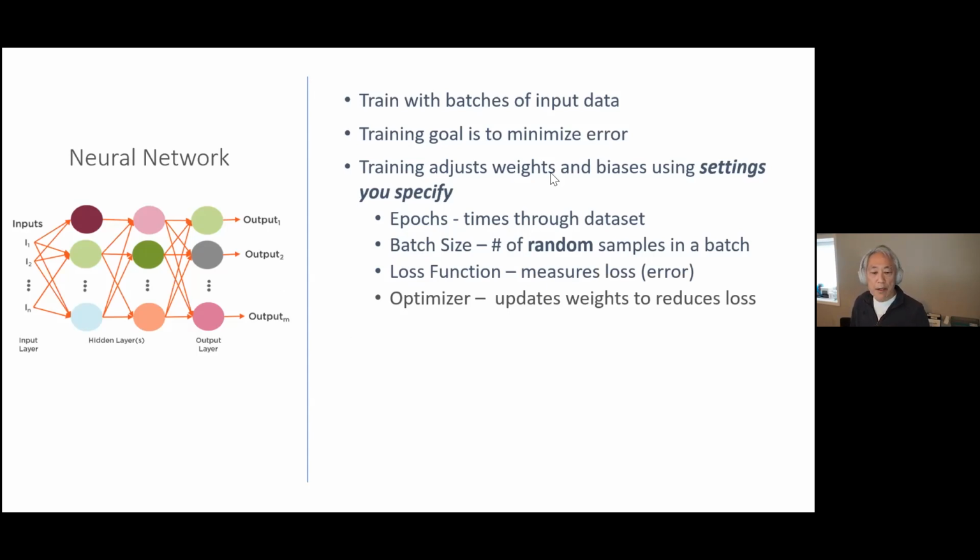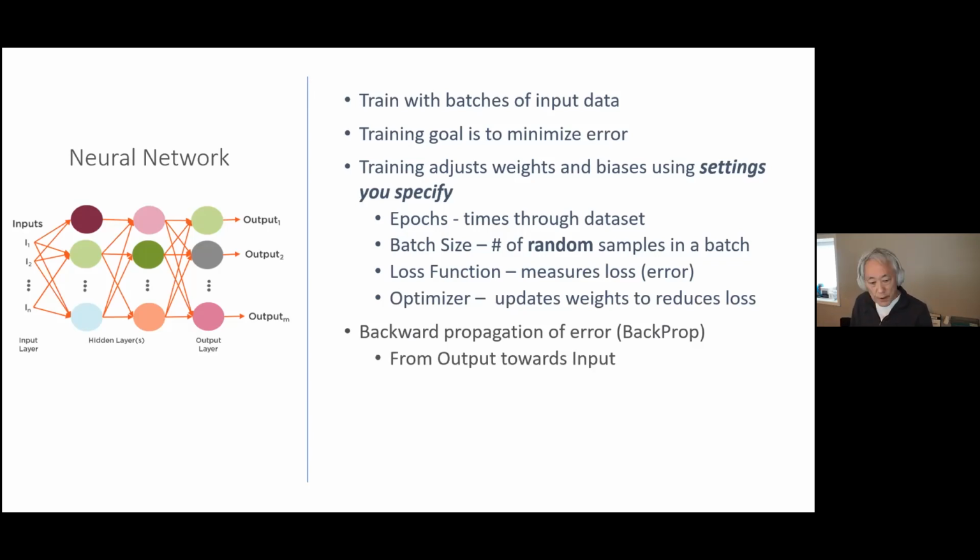So now that we have all this cool stuff, how do we do that? Well, we have a process we call backpropagation of error, or backprop. What we're trying to do is from the output, starting on the right and working back towards the left, we want to adjust the weights using the optimizer to reduce loss.